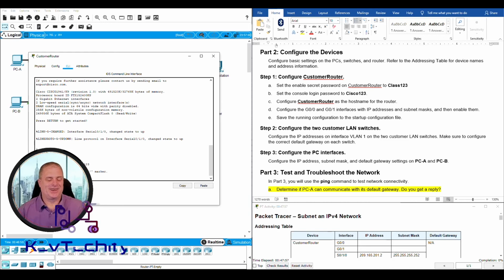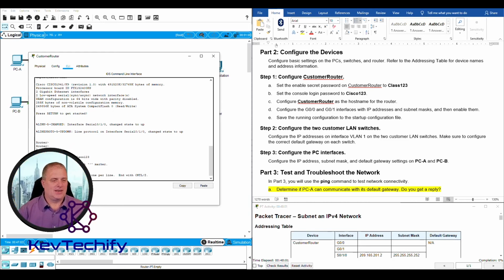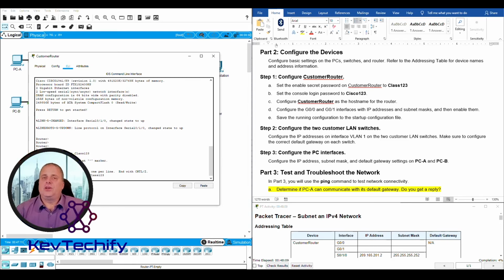Oh, see what I did? I forgot to go into global configuration mode. Config T. Now I can go enable secret capital C LASS 123. There we go. That's something you need to be aware of, that you typed in the command, but you were in the wrong prompt. You were in the wrong mode. You need to change out there. That's what happened to me right there.